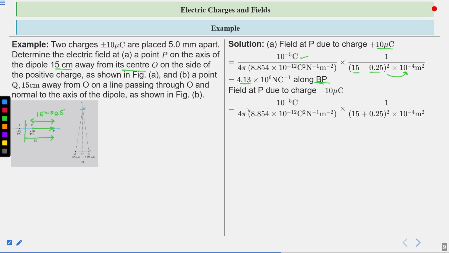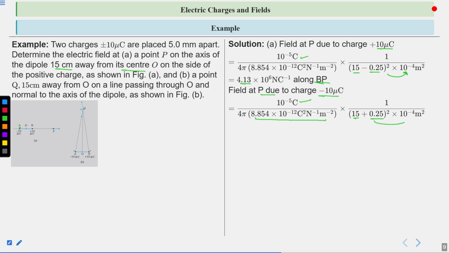Now the field at point P due to the charge minus 10 microcoulomb. Again we use the formula of the electric field on the axial line: 1 upon 4 pi epsilon naught, q divided by distance square. Here q is 10 raised to the power minus 5 coulomb, with the value of epsilon naught as above, into 1 upon the distance. The distance from the charge minus 10 microcoulomb is (15 plus 0.25) whole square.